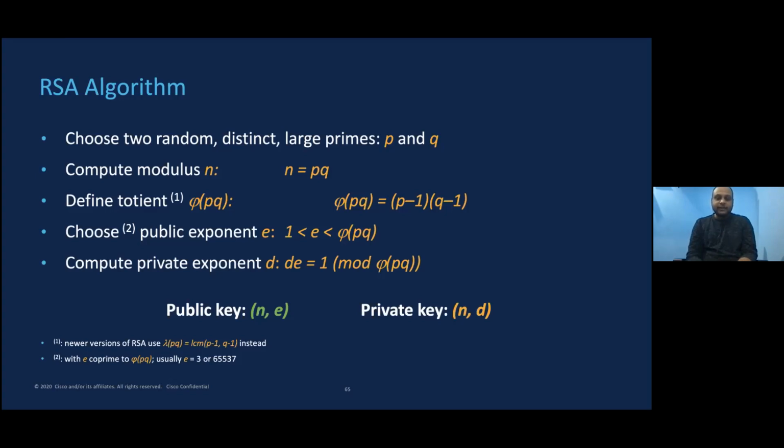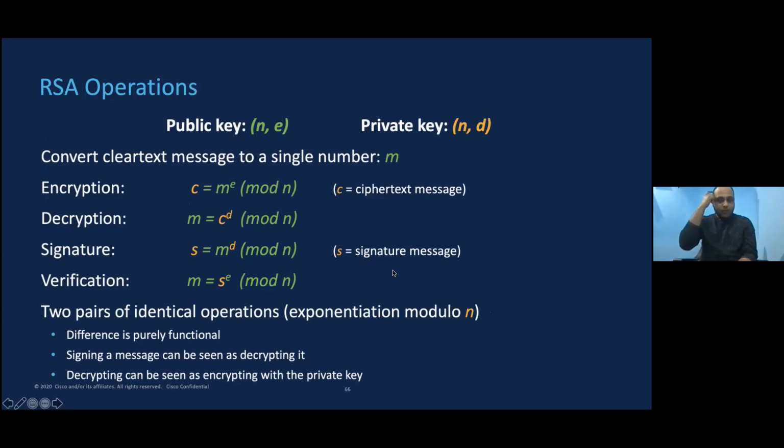Now, what exactly is a public key? A public key is a combination of the modulus and the public exponent, whereas the private key is the combination of your modulus and the calculated private exponent. Now, let's see how modular arithmetic is being used here for each of the operations. When a plain text message has to be sent, in order to create a cipher text, we take the message and raise it to the public exponent modulus n.